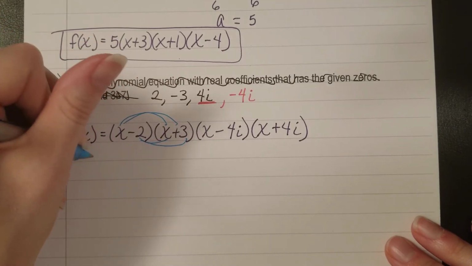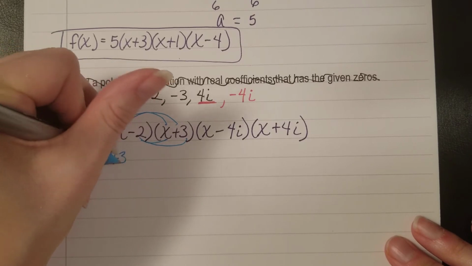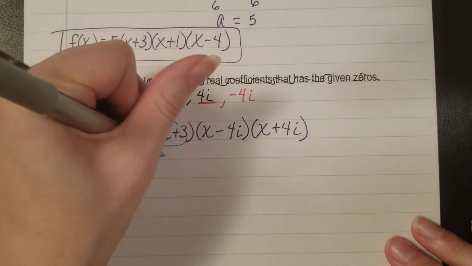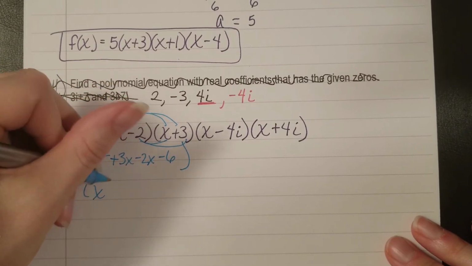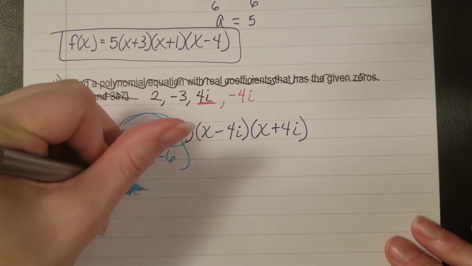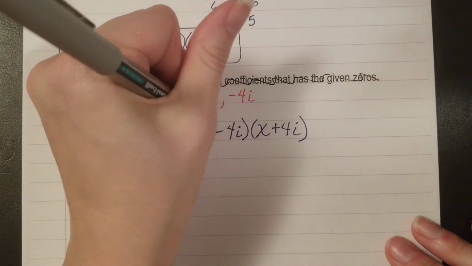So that would be x squared plus 3x minus 2x minus 6. So that's x squared plus x minus 6. And then let's go ahead and FOIL this part.